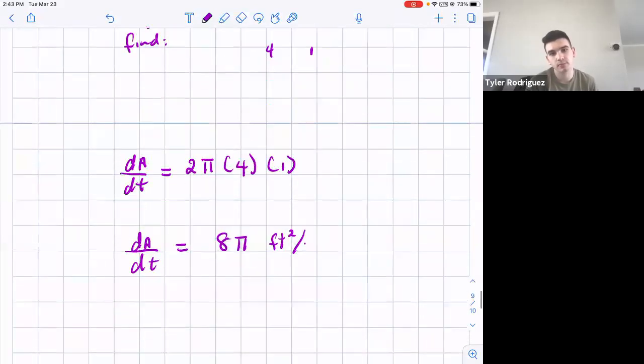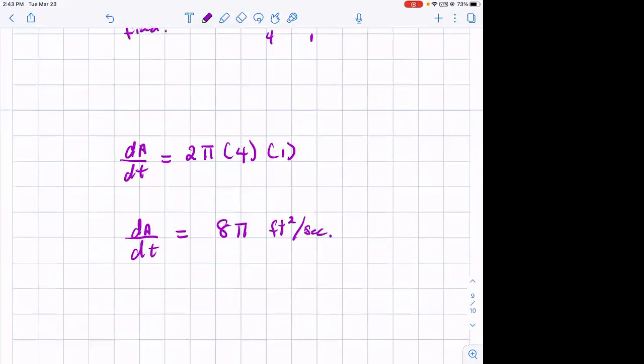Seconds. Feet squared per second. If you leave out the units, you'll be penalized heavily. So please make sure you write in your units, please.